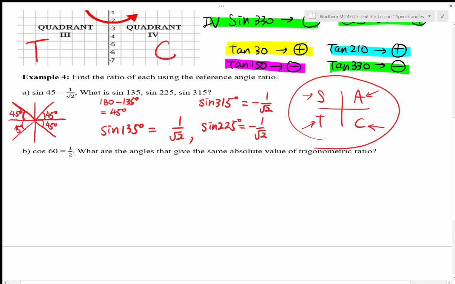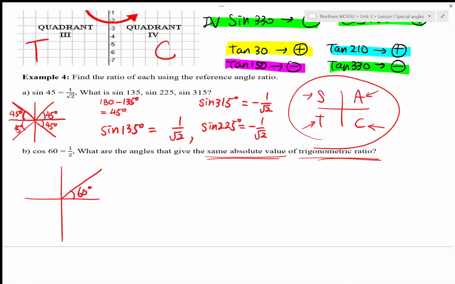So cosine 60 degrees, same thing. Okay, so cosine 60 is somewhere here. So let's say this is 60 degrees. Then it says, what are the angles that give the same absolute value of trigonometric ratio? That means, first, what are the principal angles that give the same reference angles as 60 degrees? So how we do it is very simple. Draw the lines, or the triangles if you like to, okay?